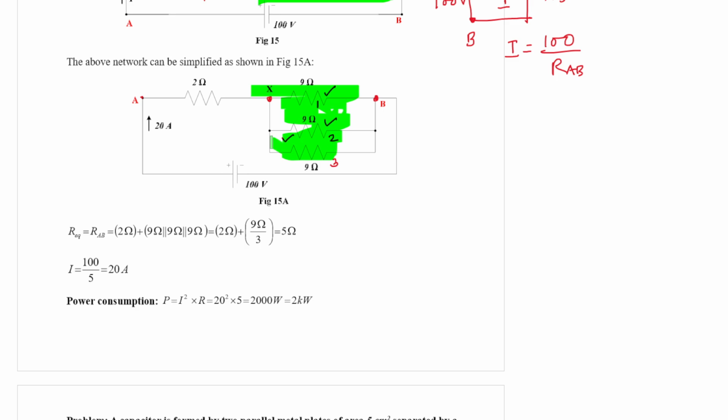So if we represent the same by a single resistance, basically three 9 ohm resistances connected in parallel will be 1/3.